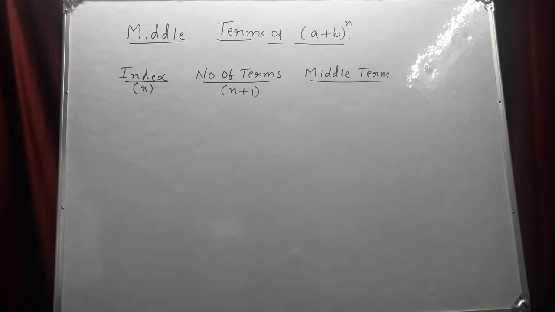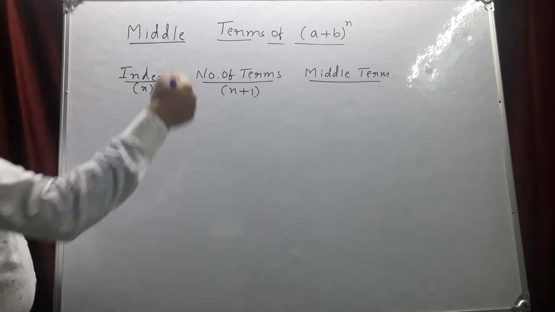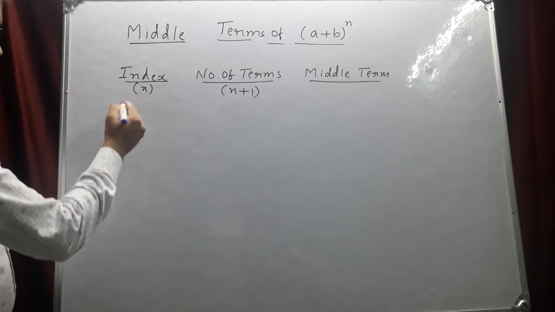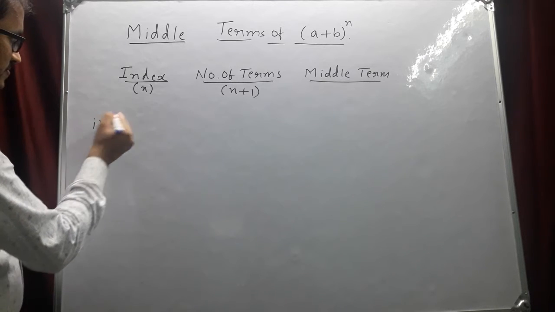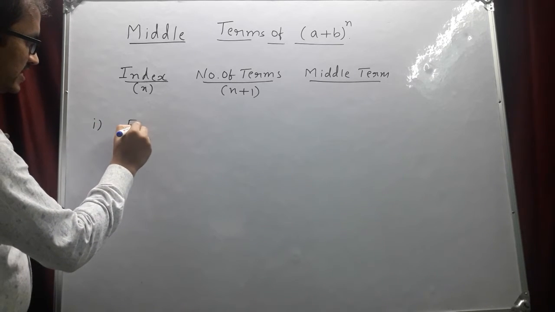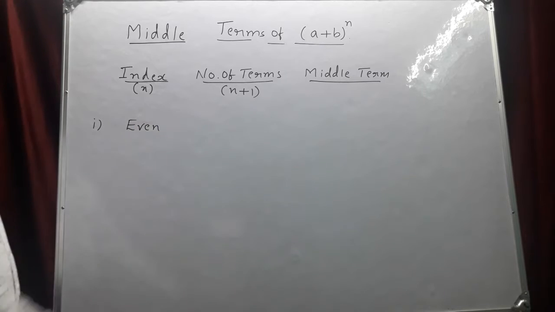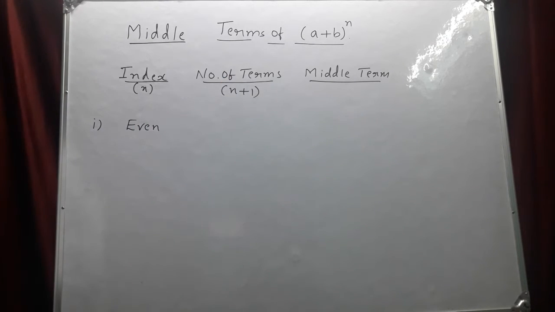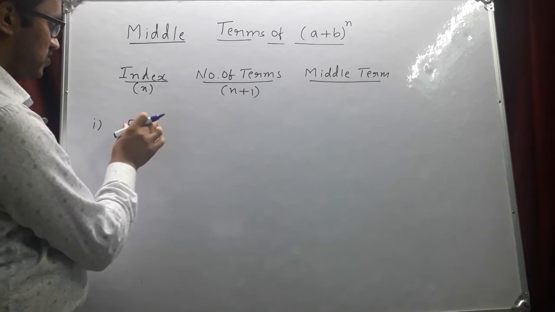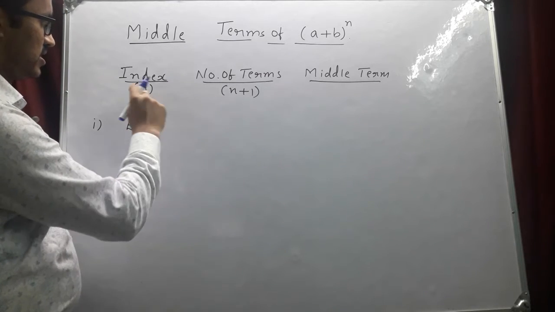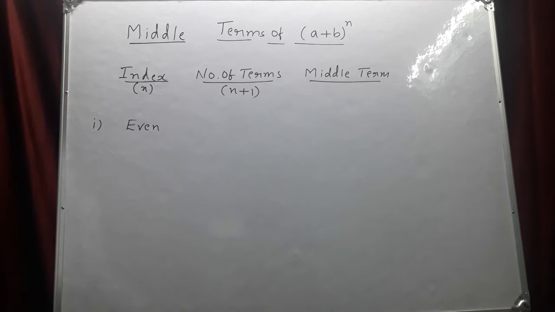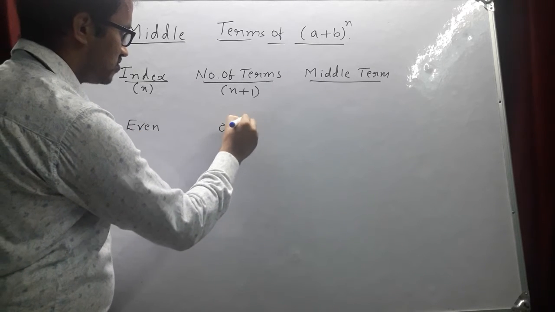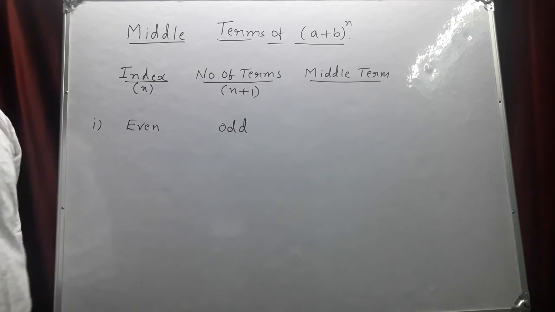To find the middle term, two cases arise. The first case is when n is even. If the index is even, the number of terms will be odd, because if you add 1 to an even number, we get an odd number.